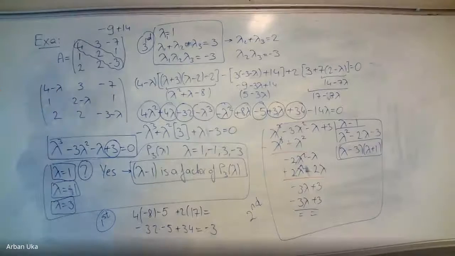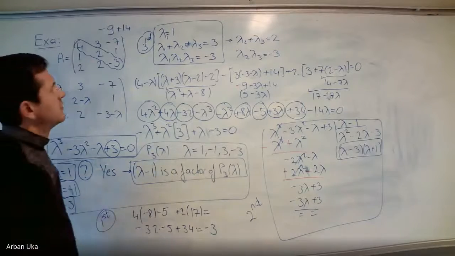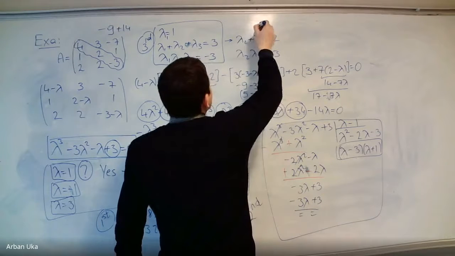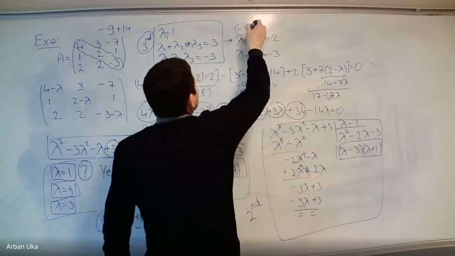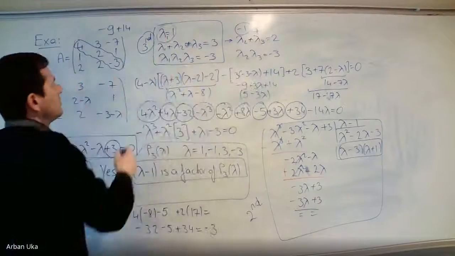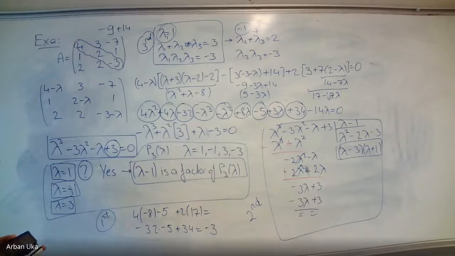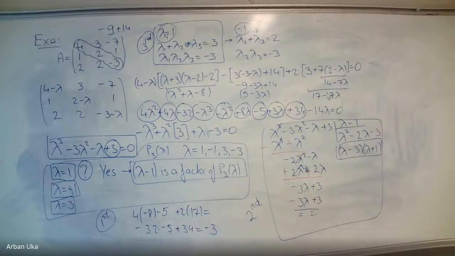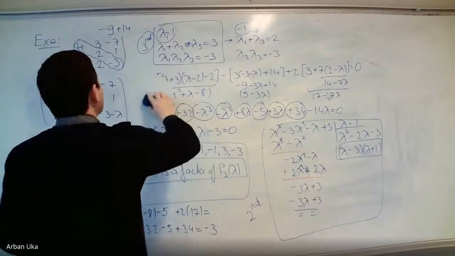So from this pair of numbers, one of them is 3, the other one is minus 1. So then we end up with 3 eigenvalues, okay? And then given these eigenvalues, we can find directly the eigenvectors, and we can try at least one.